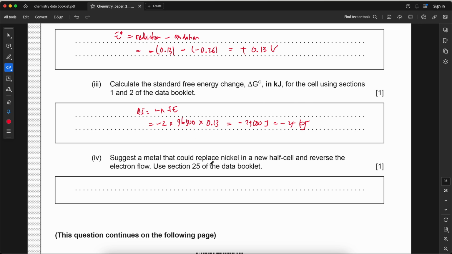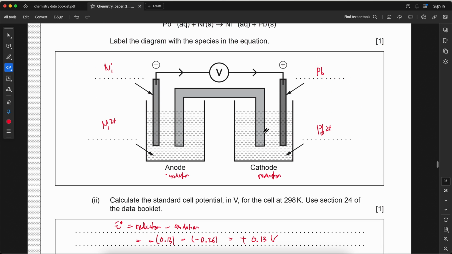Suggest a metal that could replace nickel, that is more reactive compared to lead, in a new half cell and reverse the electron flow. It means we need to find a metal that is less reactive compared to lead.